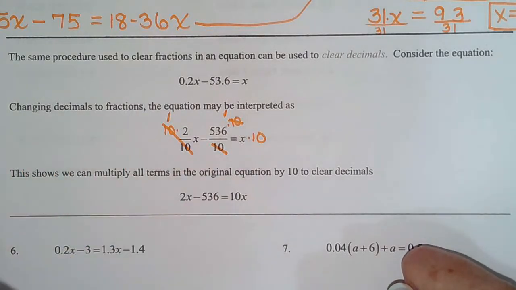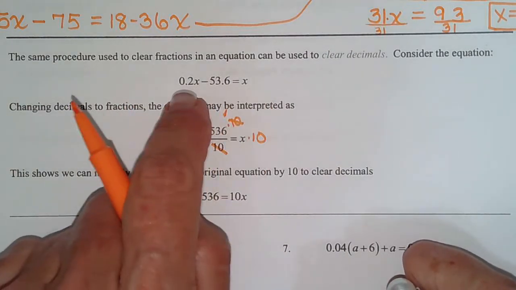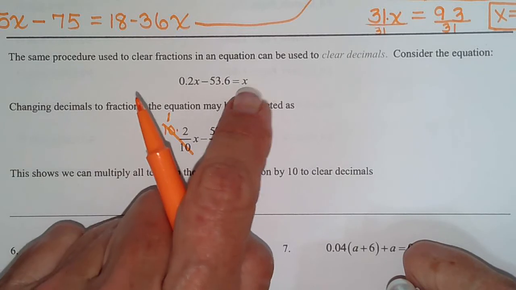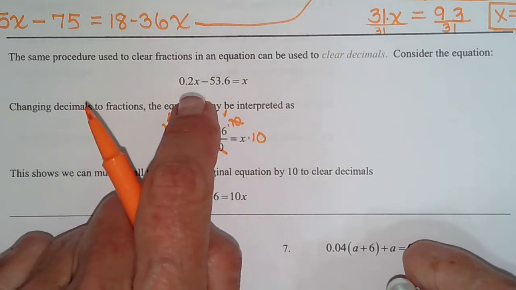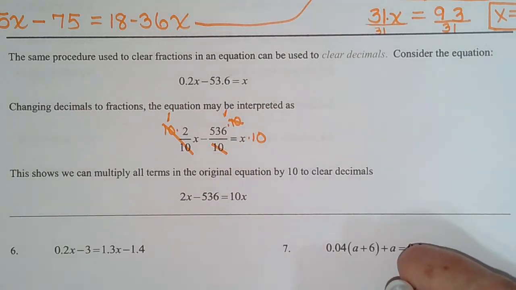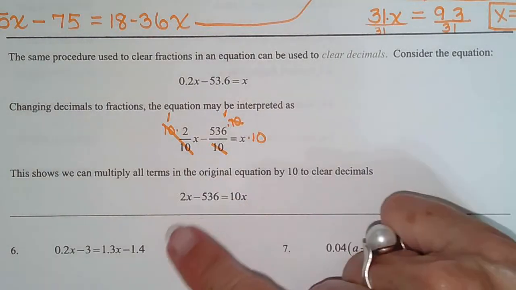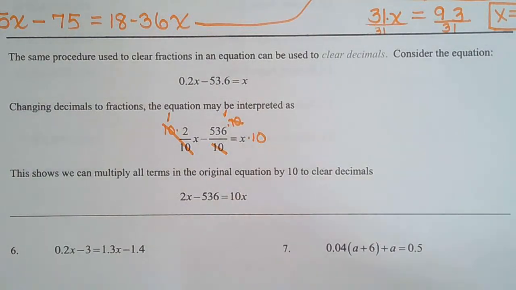So the same process works for decimals as fractions, and we usually remove decimals just because students try to combine these and it's confusing. This is 1x, this is 0.2x. So we recommend you get rid of the fractions and decimals first and then look at your nice pretty equation you have to solve.